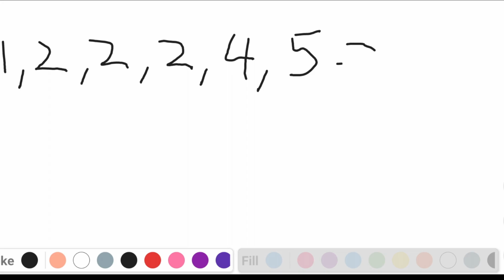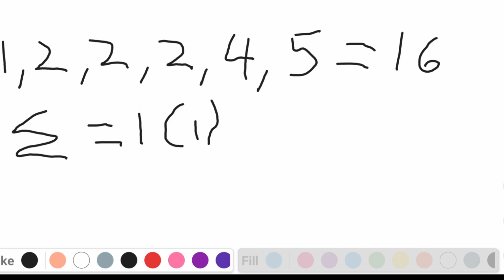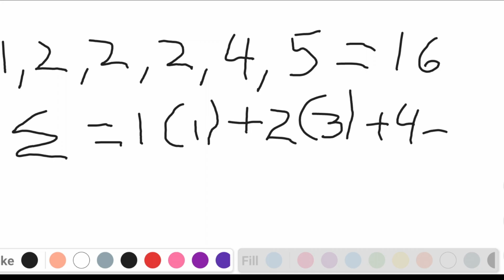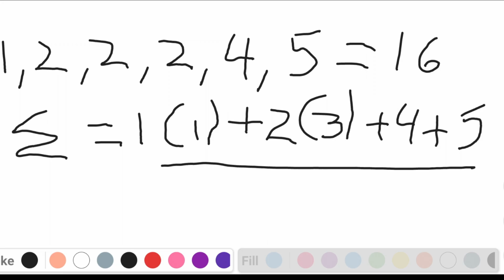Now we will write another sequence to see the difference it has from the previous one. The total is again 16, but the weighted average goes like this: 1 multiplied by 1, because the 1 in this sequence only occurred 1 time, plus 2 occurred 3 times in this sequence, plus 4, plus 5, divided over the times that they repeated themselves. So 1 was repeated 1 time, 2 was repeated 3 times, plus 1 for 4, plus 1 time for 5.